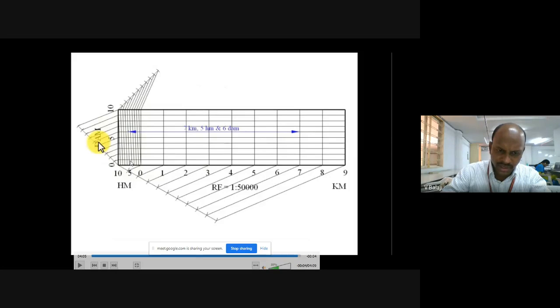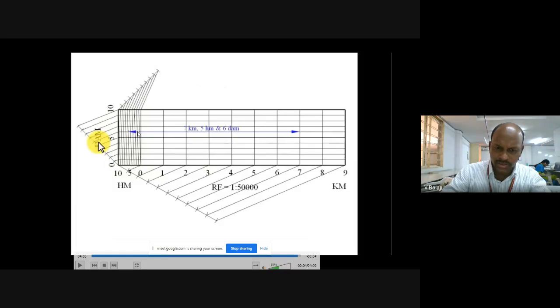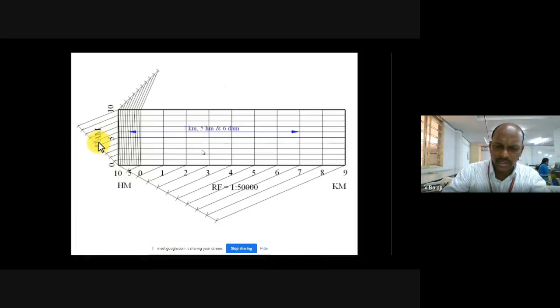So this is the 5th hectometer line and this is the 6th decameter line. These two will meet at this point. So the distance between these 2 points will be the required answer: 7 kilometer, 5 hectometer and 6 decameter. So is there any doubt? Please raise it, then I will discuss.